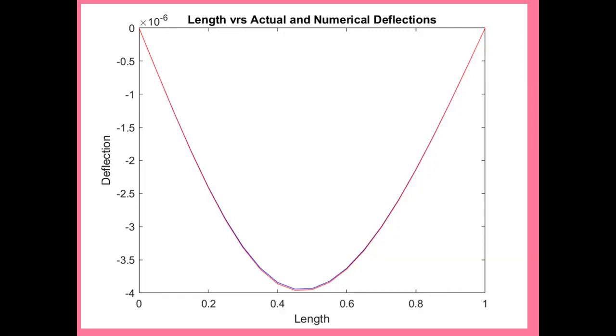And as can be seen, for the discretization using 21 nodes, that is 20 parts, the solution given by the exact analysis and the solution given by the finite difference analysis happen to be almost identical.